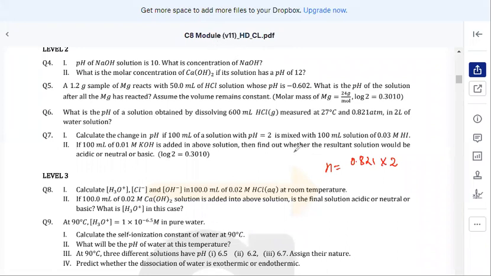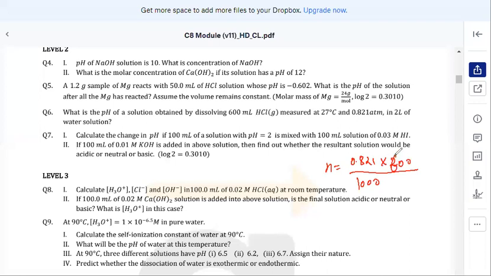So, in first case, you have to take volume as 600 by 1000. In order to calculate n, because this is the volume of your acid now.